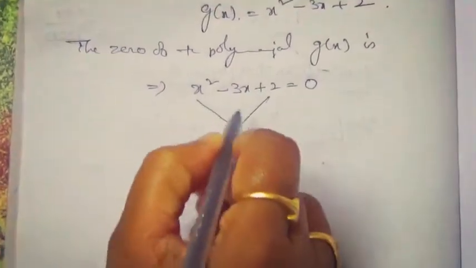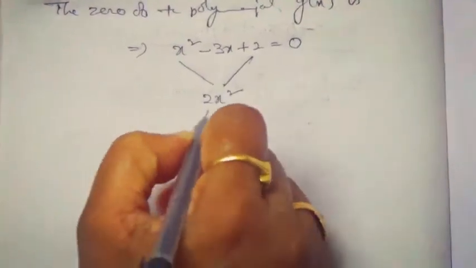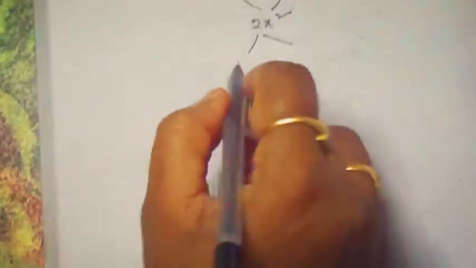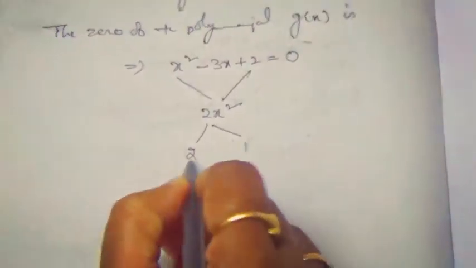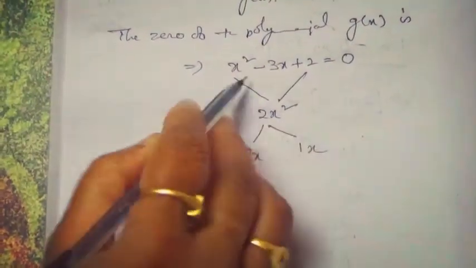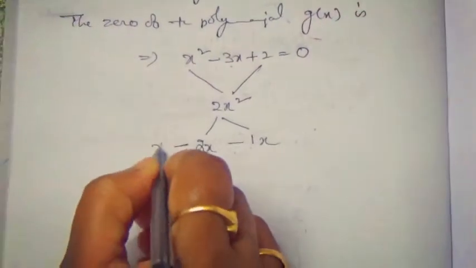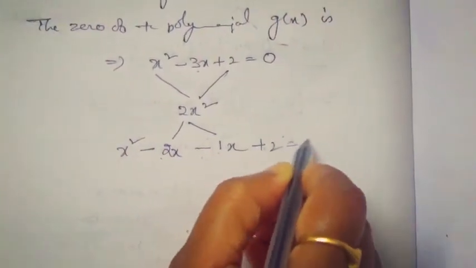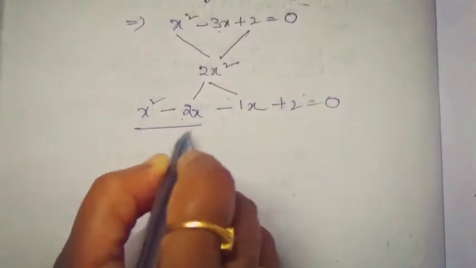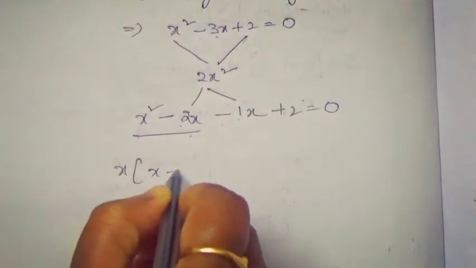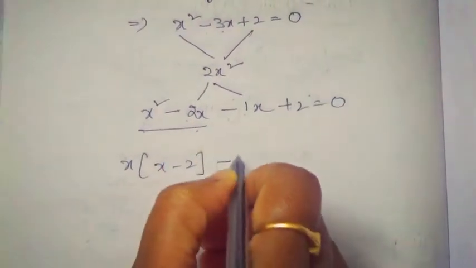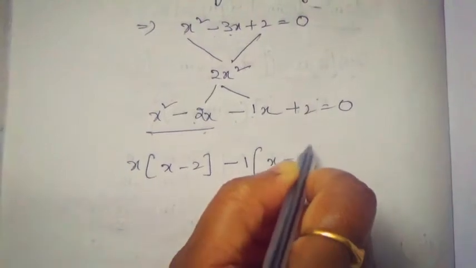So factorization for this: x square. What we have to take, two ones, x into x, but minus 3x is there, so minus. First as it is you write, and the last one also as it is. In both of these x is common, so x minus 2 and minus 1 is common, x minus 2.